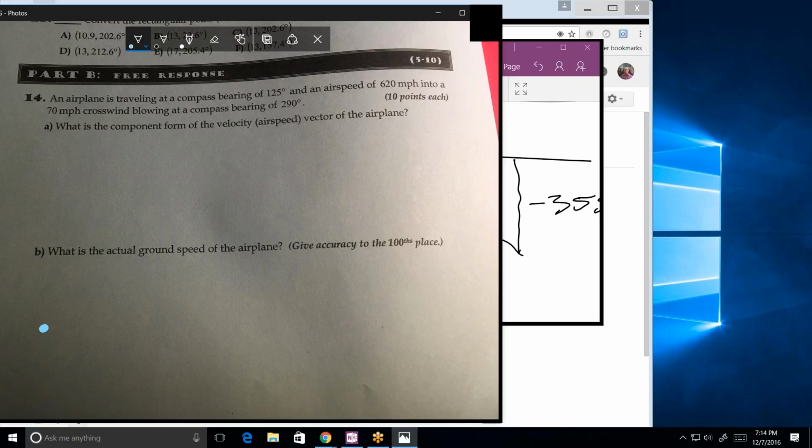Everything was at an angle with the horizontal and vertical. So you have to add the components. Now, I might be a little confused here because now I'm looking at the problem again and it says the airplane is traveling with a compass bearing of 125 degrees. That actually is a ground bearing, I believe, right?